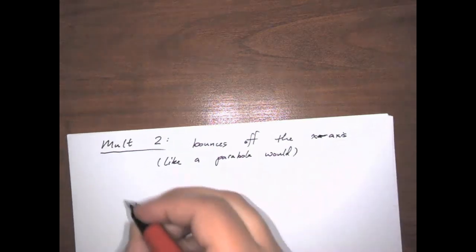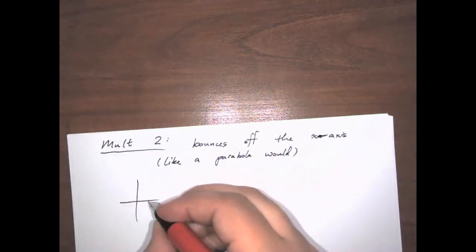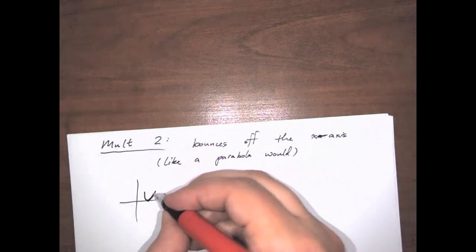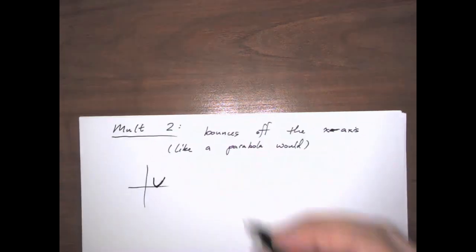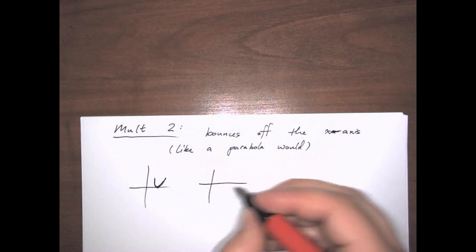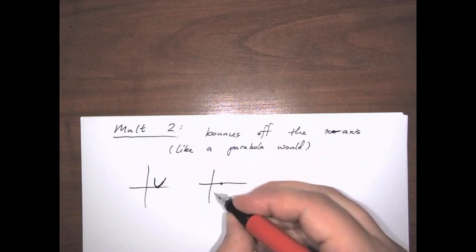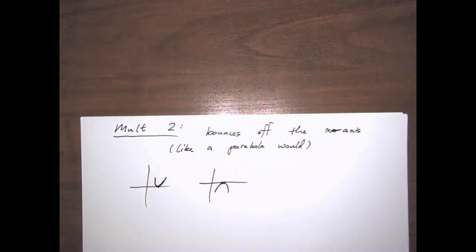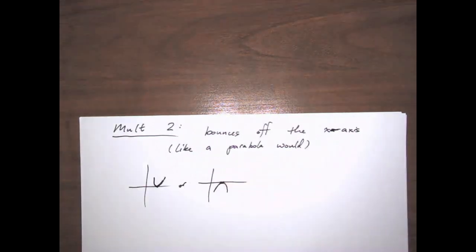So multiplicity 2 means that when it gets to the x-axis, it forms a little parabola shaped bounce. So in other words, it acts like a degree 2 polynomial.